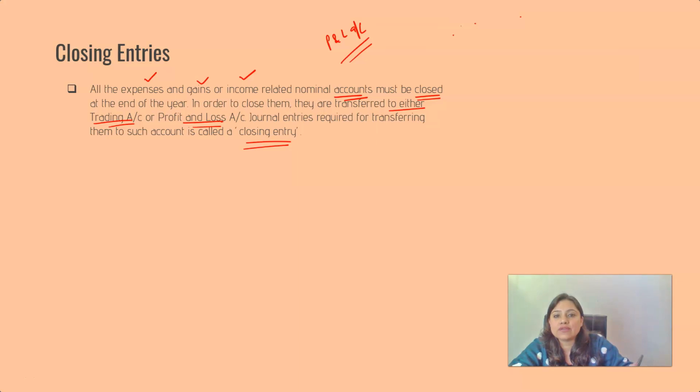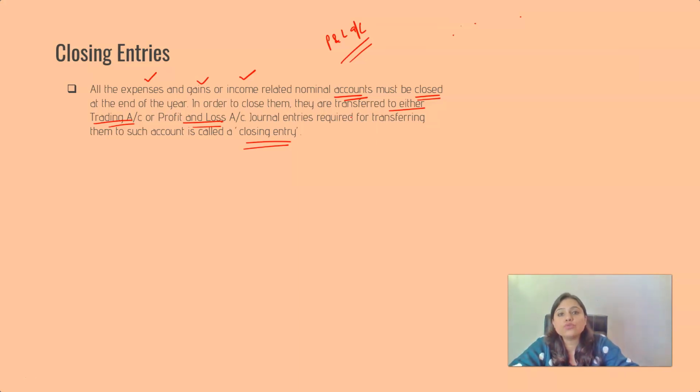They are listed in the P&L account, with expenses on the debit side and incomes on the credit side. And after recording such nominal accounts, we will be estimating the revenue of the particular business, and that will then be transferred to the balance sheet side. And this is how we will start drafting and ascertaining the financial statements of the business.